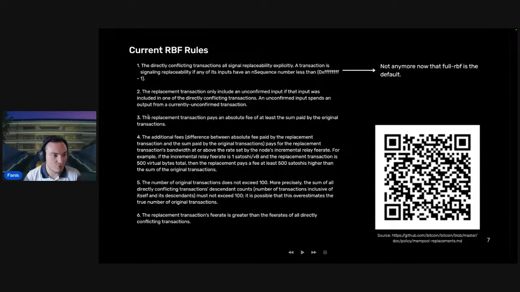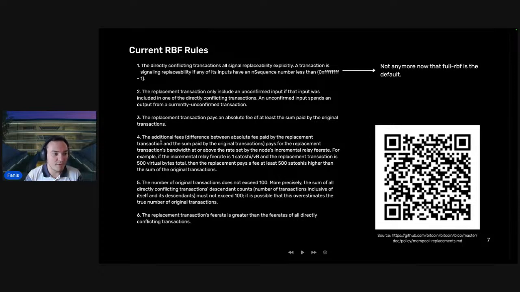Then there is a rule 3, which will be very important for our discussion today. And rule 3 of RBF states that the replacement transaction must pay an absolute fee, so not a fee rate, an absolute fee of at least the sum paid by the original transactions. And then rule 4 gives more details of what is behind the at least in rule 3.